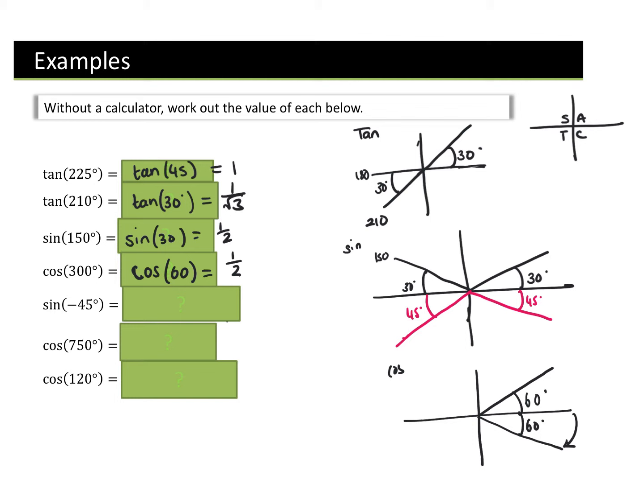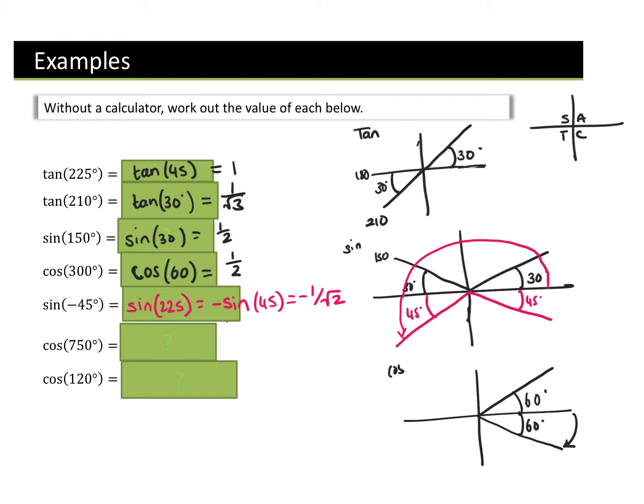Sine of negative 45 is the same as going all the way around, 180, 225, which doesn't help us actually, but it's just good for us to do. But I do know what sine of 45 is. So that's actually the same as minus sine of 45, which is minus 1 over root 2.